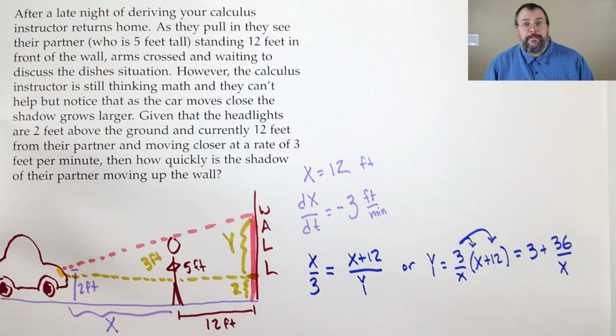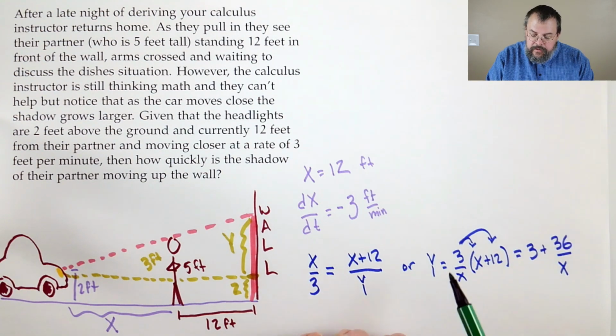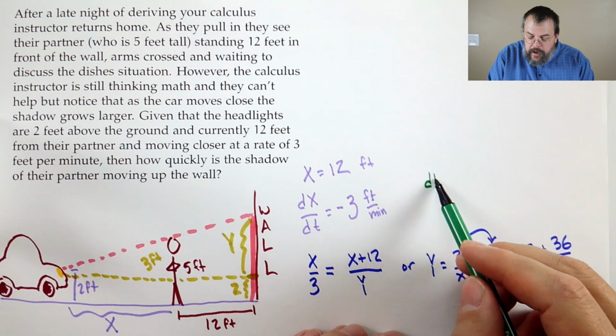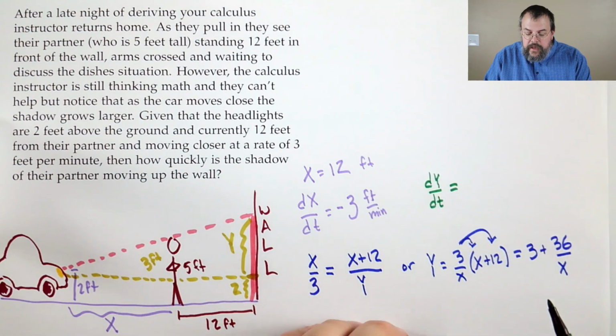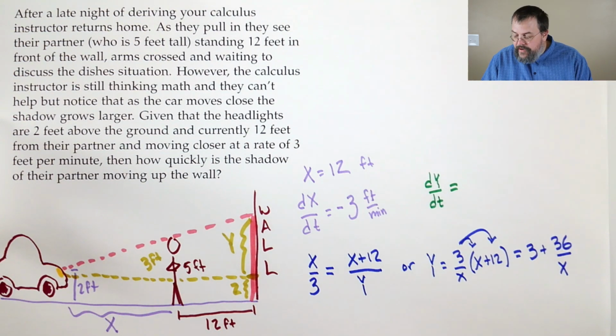Now that we have a relationship, what can we do? Well, take a derivative. So, taking our derivatives, what will we get? We'll get the following. The derivative of y, dy/dt, is equal to the derivative of 3, which is 0. Gone. Now, 36 over x.